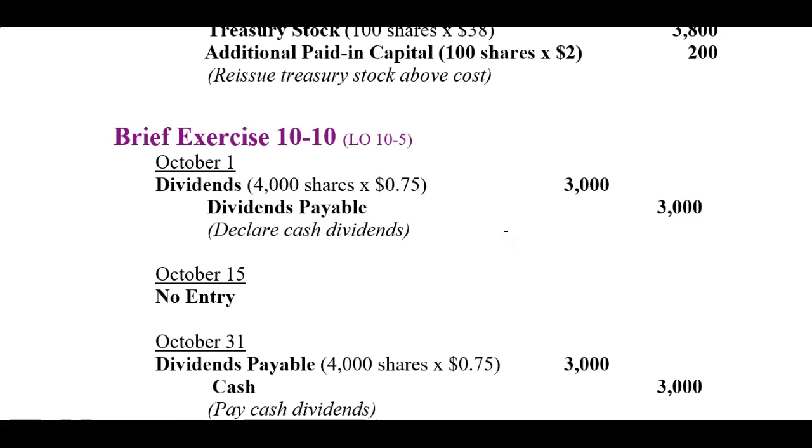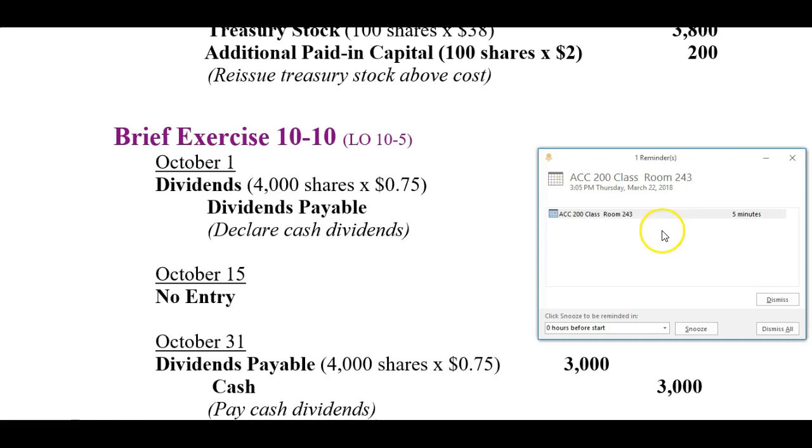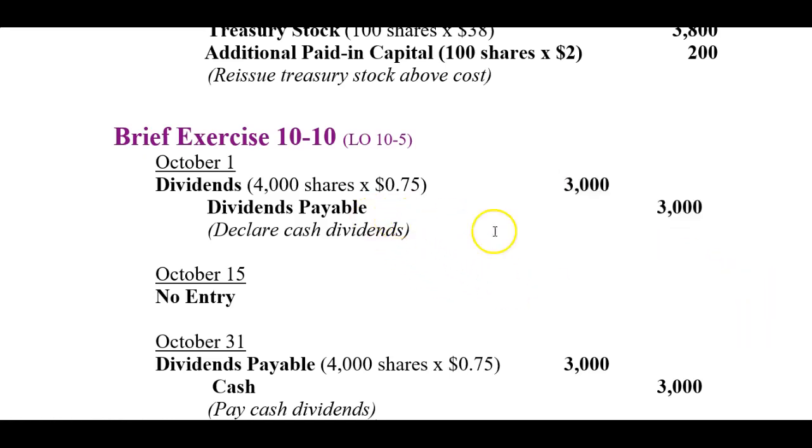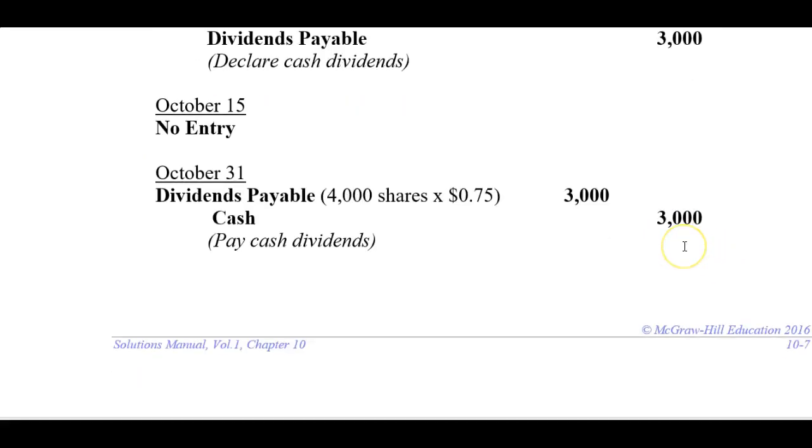The first entry, October 1st, the date of declaration, we take the 4,000 shares outstanding times the 75 cents dividend per share, and so the debit to the dividends account is $3,000. Dividends payable then is credited. It's a legal liability for $3,000. So debit dividends and credit dividends payable, $3,000.